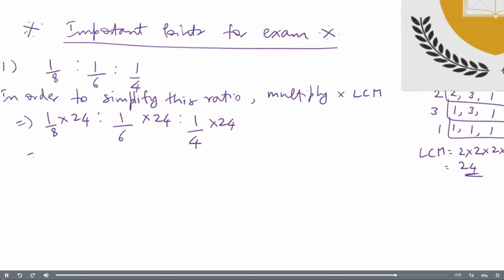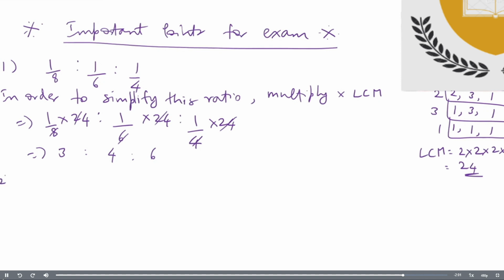I will instantly get 3 is to 4 is to 6. This is a simplified ratio. This is a simple step to solve it without going through 2-3 steps.